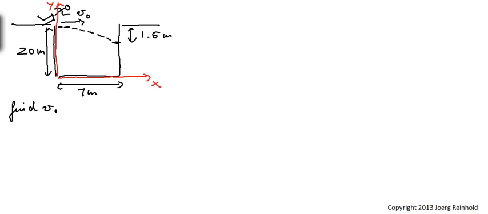With this coordinate system, the person starts at a value x0 equals 0. We know that the final x position equals 7 meters, or in other words, delta x is 7 meters, which is x minus x0.